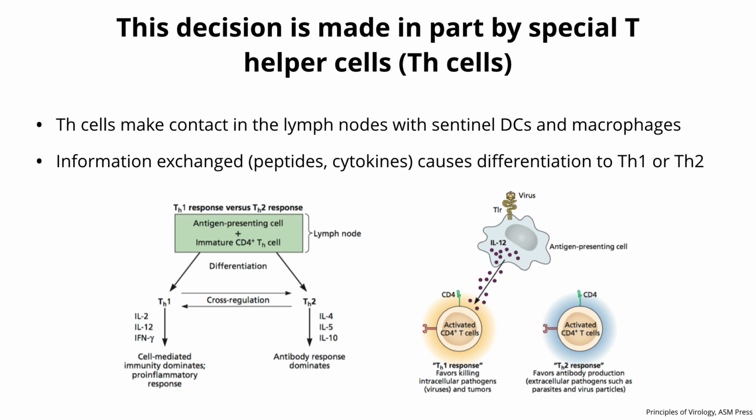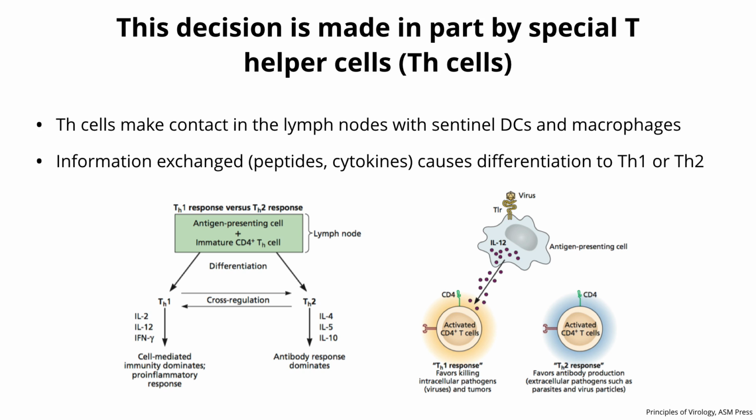So that's cartooned on the lower left. In the lymph node, we have our antigen-presenting cell interacting with an immature CD4 positive T helper cell. And depending on the nature of the antigen and the kind of cytokines that the antigen-presenting cell is making, this cell can either become a Th1 CD4 cell or a Th2 CD4 cell.